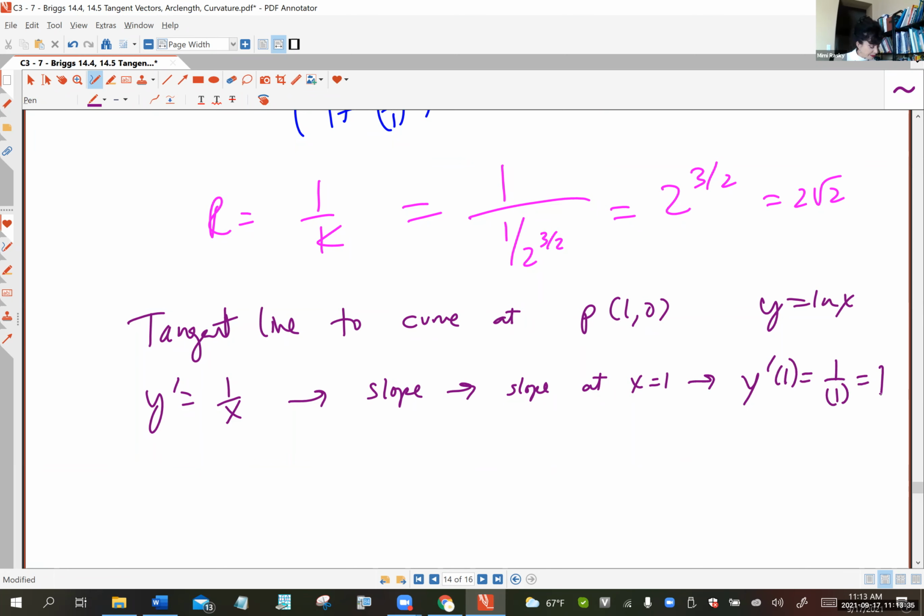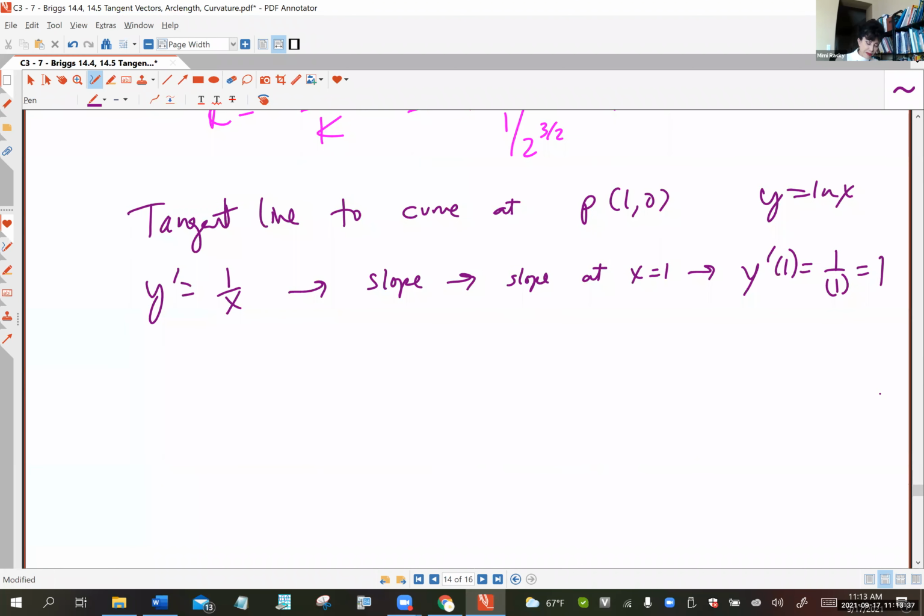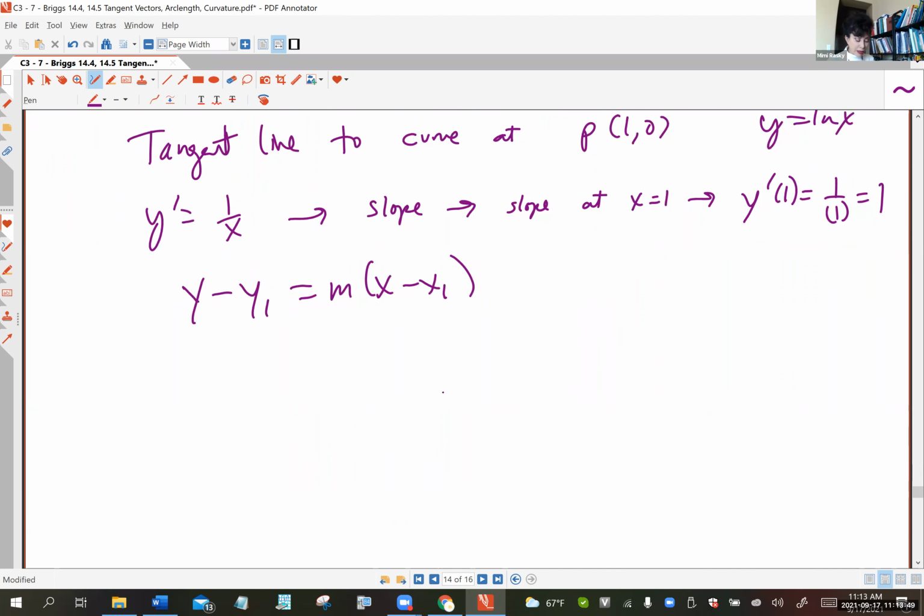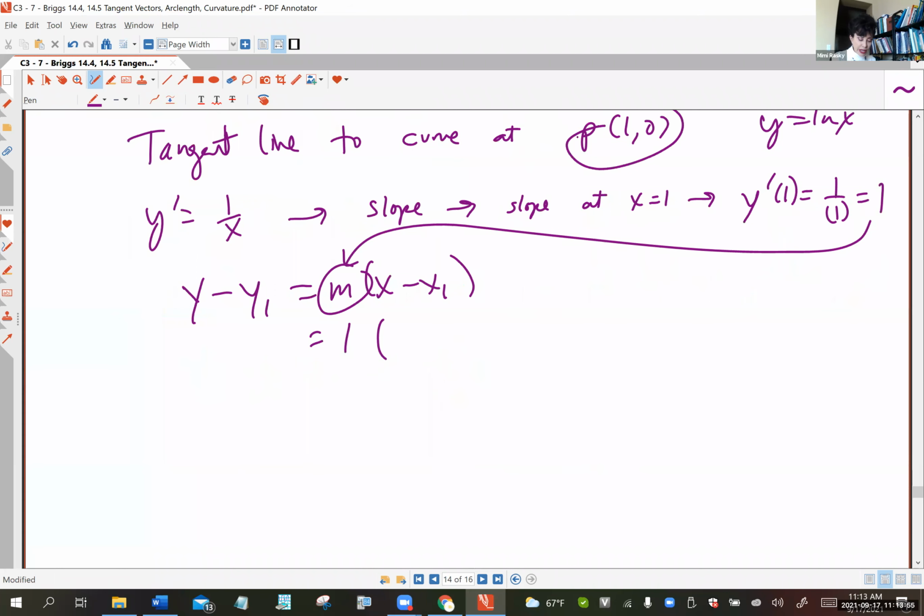That's just going to be 1. And we know we have the point. So if I use the point slope formula for a line, you saw that in an algebra class probably some years ago, y minus y1 is equal to m times x minus x1. We have our m, we got our slope. That's nice, it's 1. And then we have the coordinates of our point, 1, 0. So we'll substitute that into our equation. And then we get the equation for the tangent line. Okay, lovely.